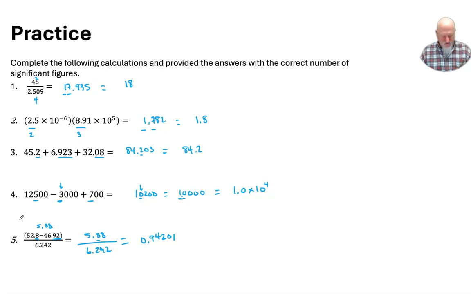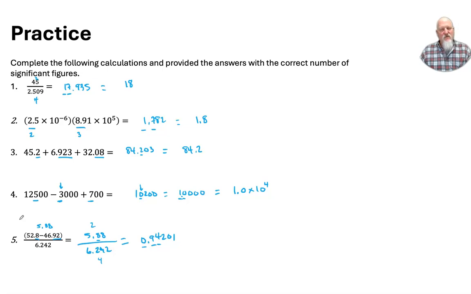Okay. For multiplication and division, we look at how many significant figures we have in both of our calculated numbers, and whichever one has the least, that's what our answer should be. So we know that our 5.88 should stop at 5.8, so that has 2 significant figures. The 6.242 has 4, so my answer should only have 2. The 0 does not count, so the 9 and the 4 count. So those are my 2 significant figures.